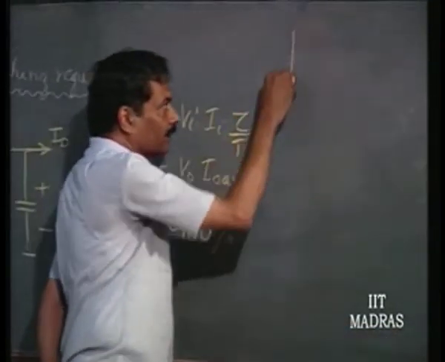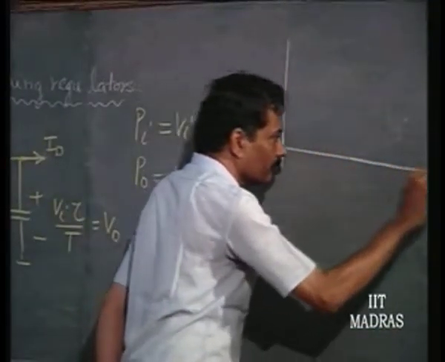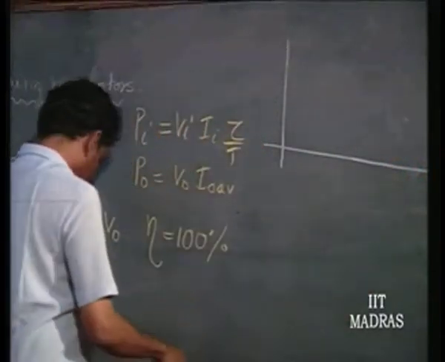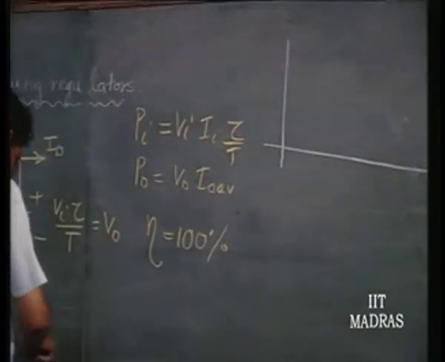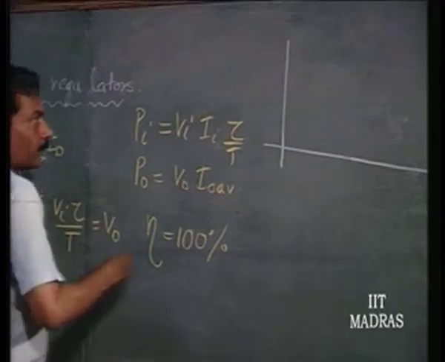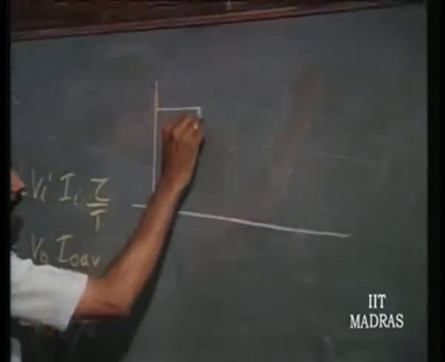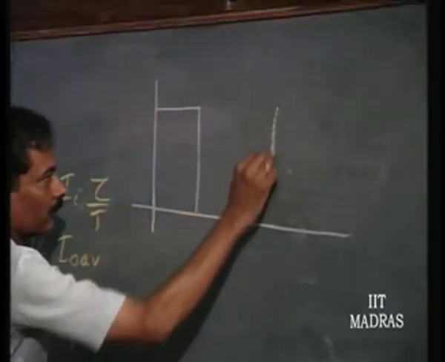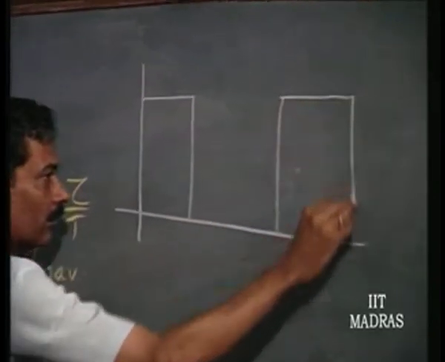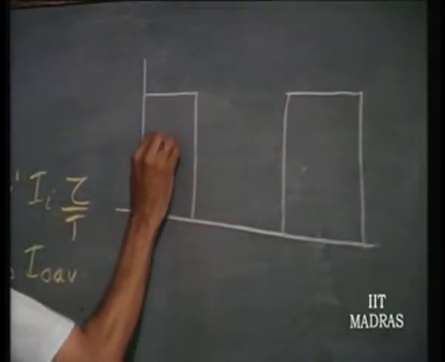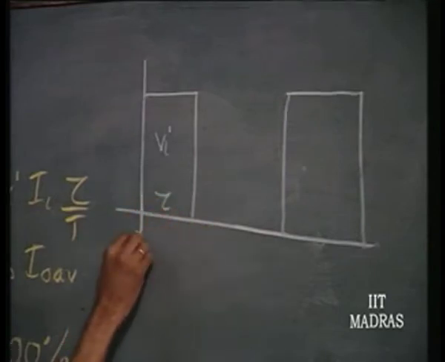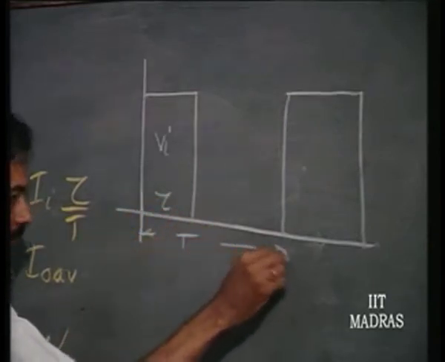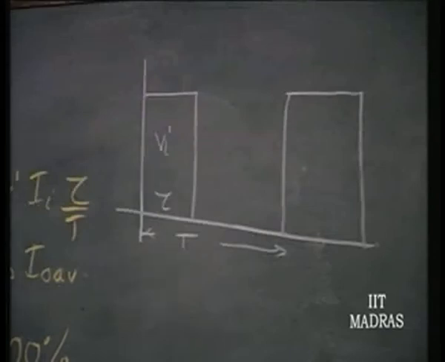Let me start. This is Vi for tau and this is T. What is the voltage across the inductor?